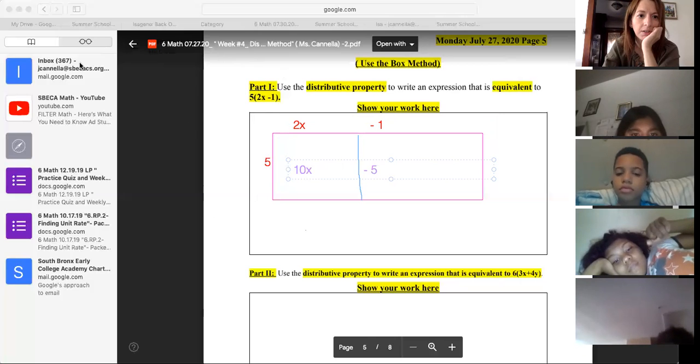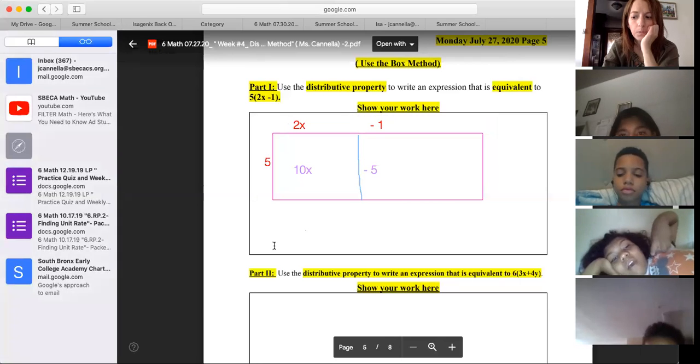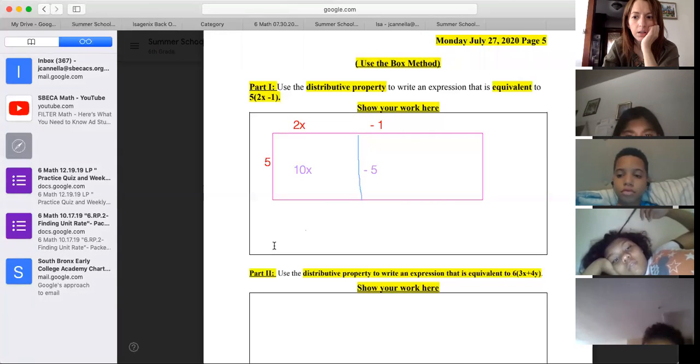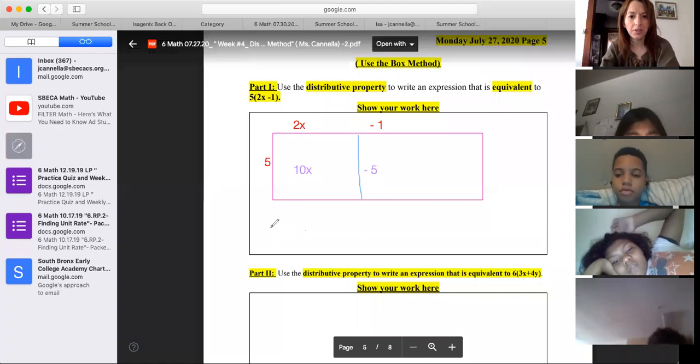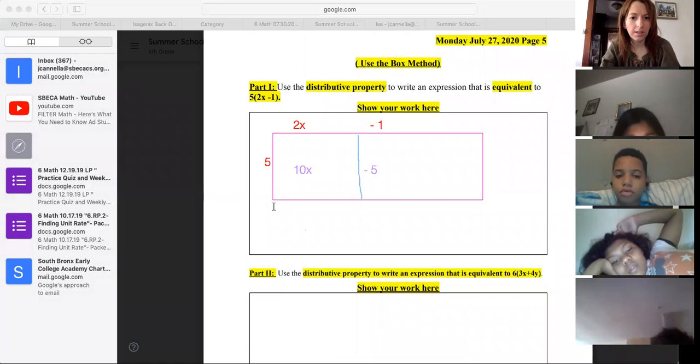So what's the answer, dear? 10x plus 5, negative 5. Wait, 10x minus 5 or just 10x plus 5? What is it? I said 10x minus 5. Good. Okay, so write this down. We're going to write in the text box now that the answer, I know this is redundant, is 10x minus 5.